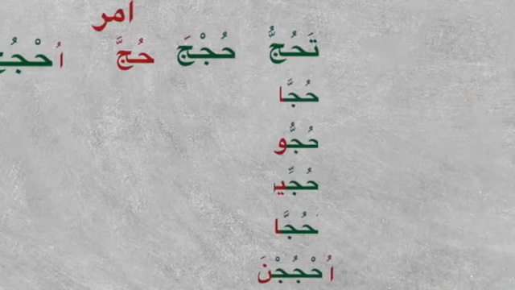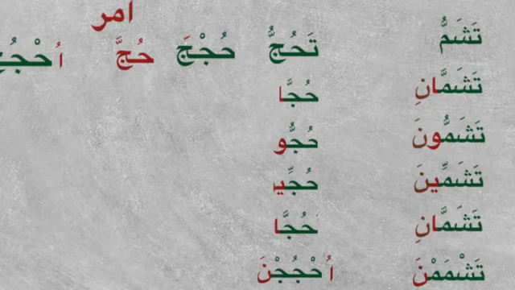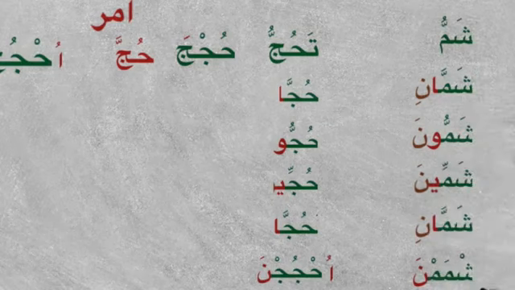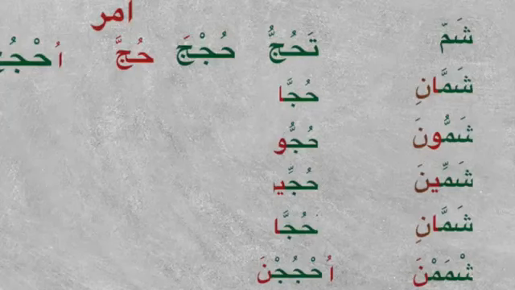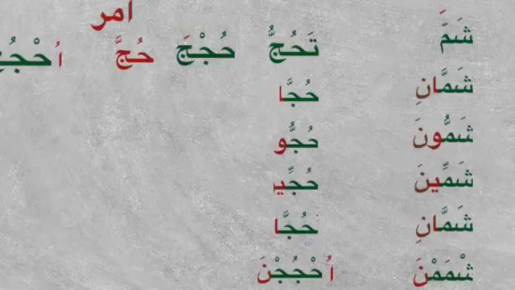Let's take the example of bab sami'a and see how the amr is made. Again, it's the same thing. What we've got to do is take away the alamatu mudari', which is in all the forms. For shamma anta, we have to take away the damma. And now we know we can't put the sukoon because it's muda'af. So it will get a fatha: shamma with fatha.